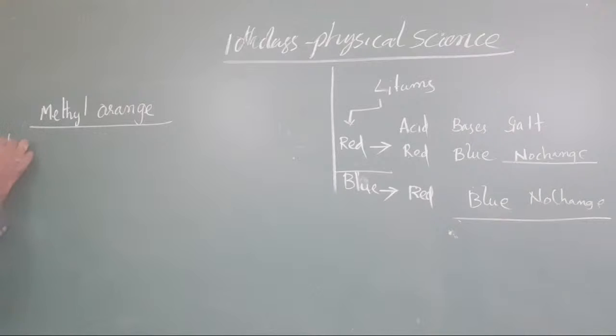When you take methyl orange, it is actually orange in color. When you take acid, how does the methyl orange convert? When you take a base, clear or not, all the students? How will it be converted? And for salt, how will it convert?